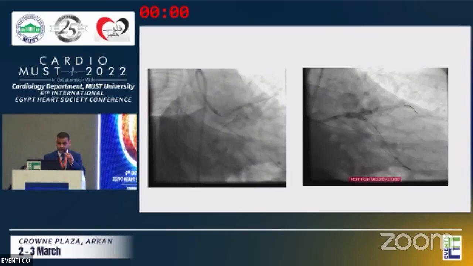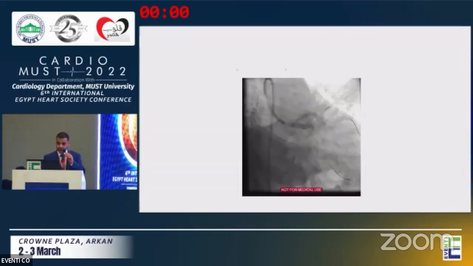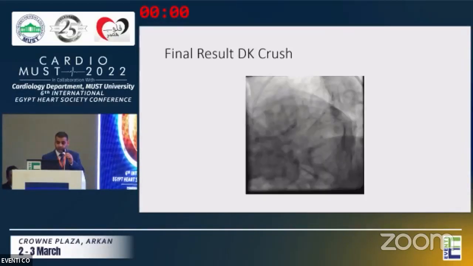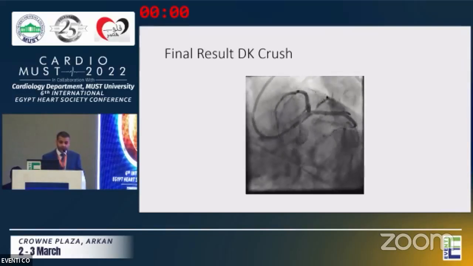Sorry, POT and the final kissing. And after the second kissing, we have to make POT again. This is a 5 balloon. This is 5 or 4.5. Yes. And this is the final result of DK crush.